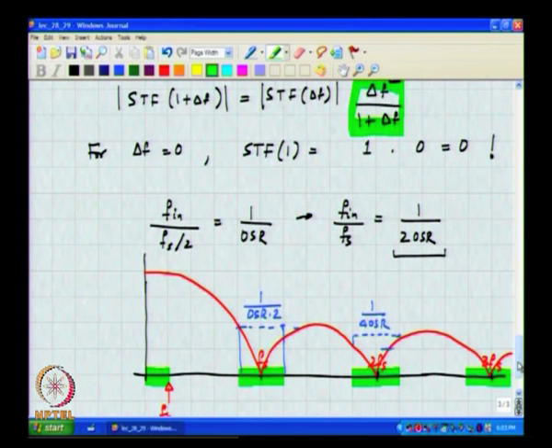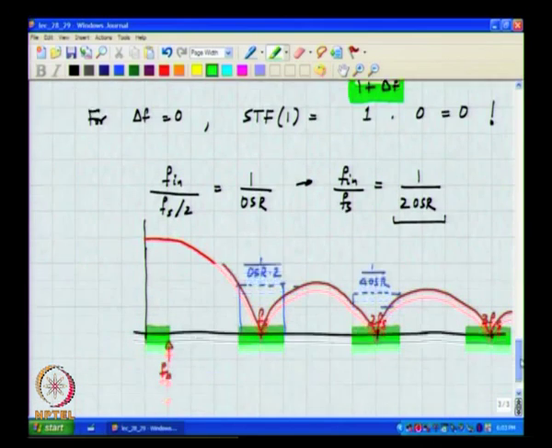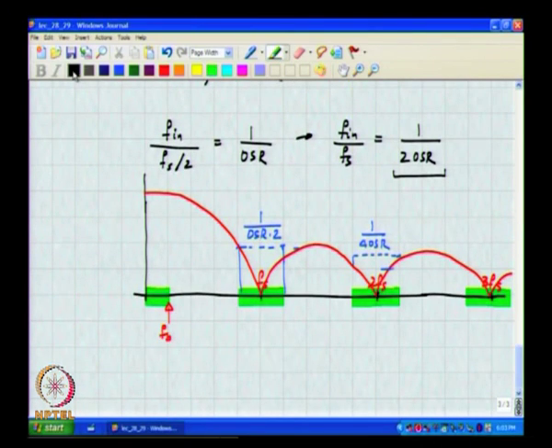Whereas, in a continuous time modulator, by virtue of continuous time operation of the loop filter, we see that at multiples of Fs, the STF is indeed 0, okay, and for frequencies which are close to Fs, the STF is small, okay, thereby it appears as if you have cascaded an anti-aliasing filter up front, which greatly reduces the gain for the input signals in the alias bands.